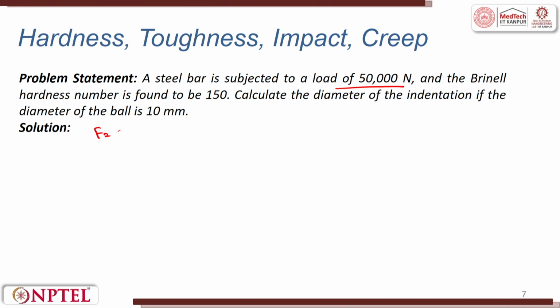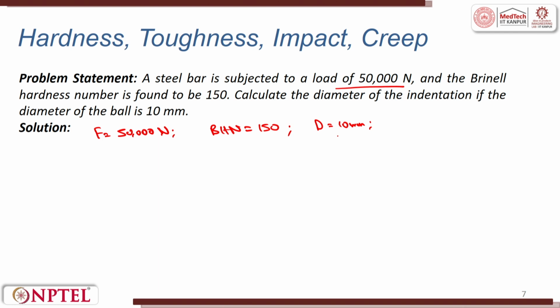Here F is equal to 50,000 Newton and BHN is given as 150. We have also been given the diameter of the ball. Diameter of ball is capital D, equal to 10 millimeter.